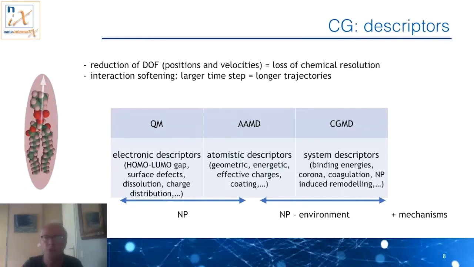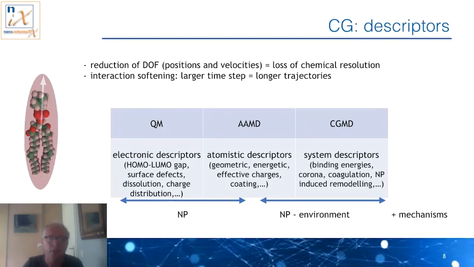And on the coarse grained level, which actually contains many different levels depending on the coarse graining level that you choose, you can have the system descriptors. So you can have binding energies, corona effects by solution or the binding of proteins, coagulation, and nanoparticle-induced remodeling of membranes, for instance. So what you see is that it gives you a range of new descriptors which may be interesting for machine learning or QSAR type of developments.